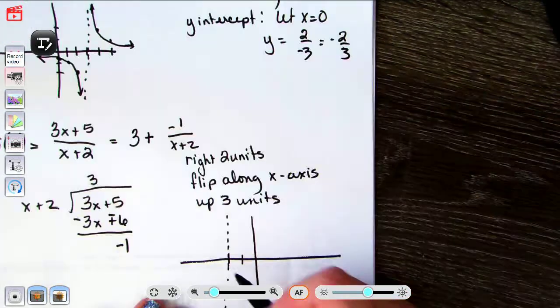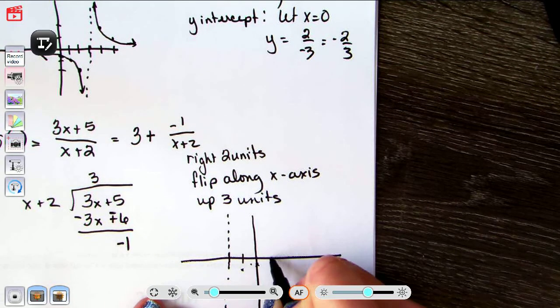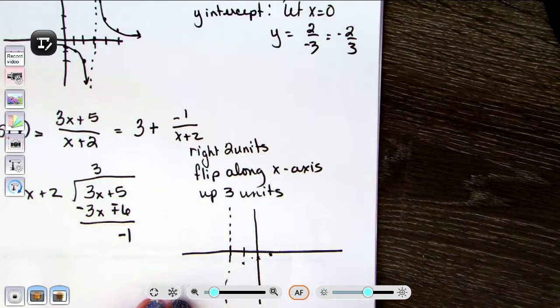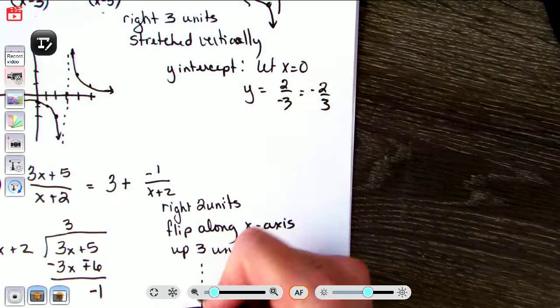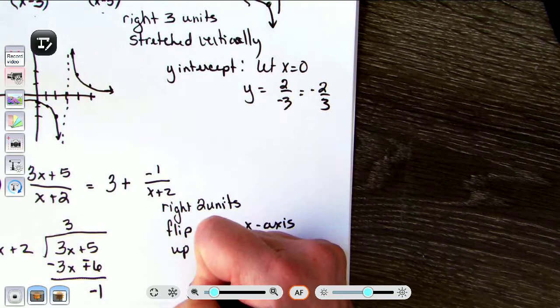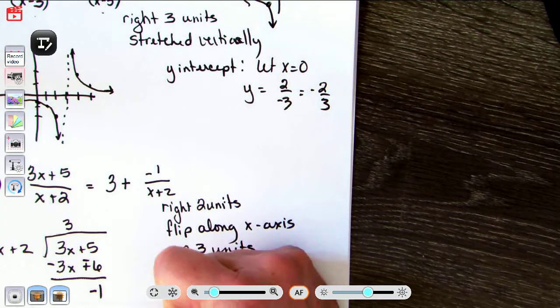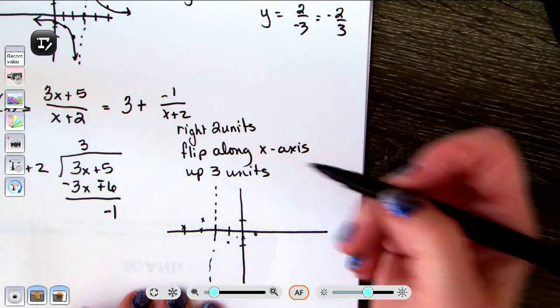So it would start about there and then the half, and the third, and so forth. Okay, I'm just going to put little X's. This one on this side would be flipped up here, and then the half. But then we need to move them up 3 units.